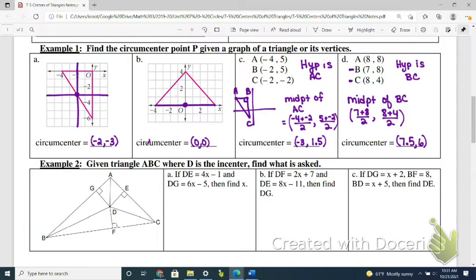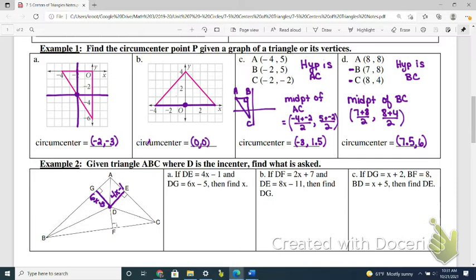So I know D is the incenter. So I know DE, in this case, is 4x minus 1. And DG is 6x minus 5. And I want to find x.